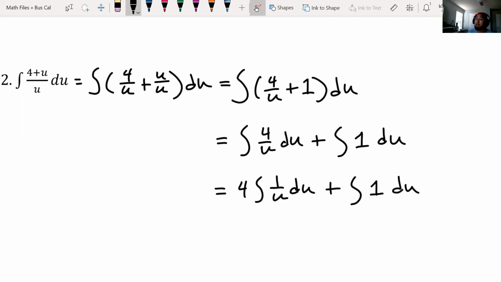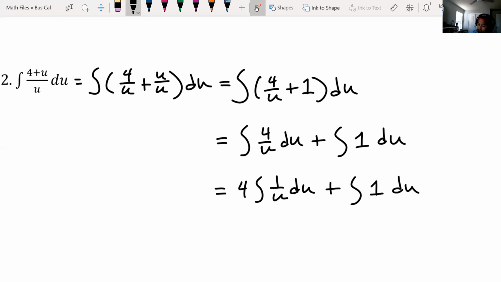And again, we never flip a 1 over u or a 1 over x or a 1 over any variable if it's to the first power. Never flip that, because this will use that property on the first page for the natural log.